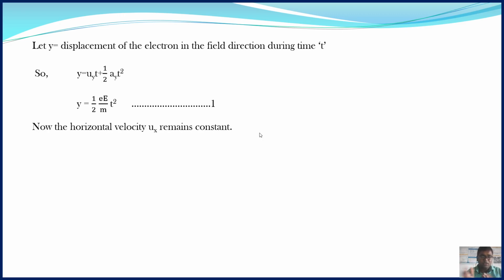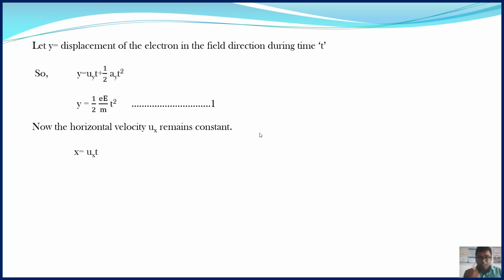Now the horizontal velocity of the electron will remain constant. Why? Because the force along the x-axis is 0, so the acceleration is 0. So there will be no change in the x velocity. The horizontal displacement of the electron is given as x equals ux into t.